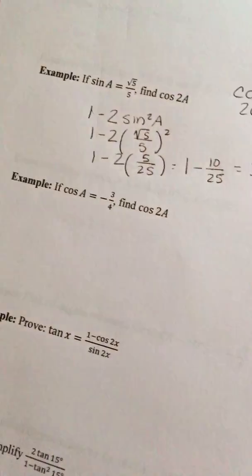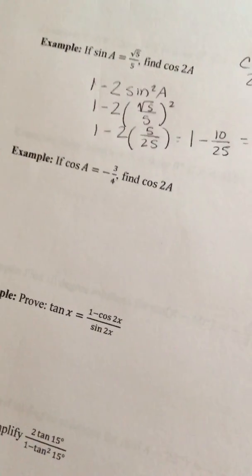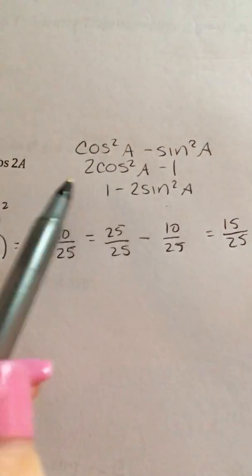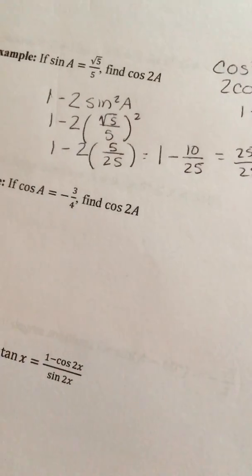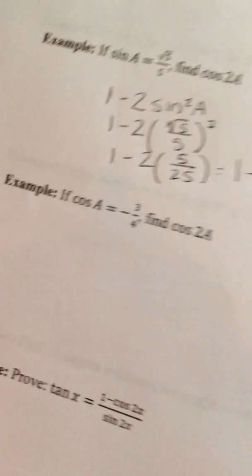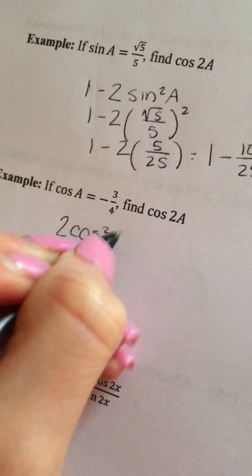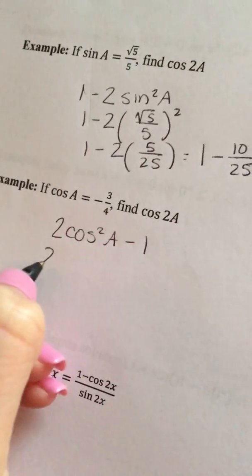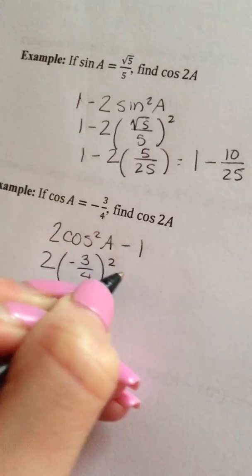All right, similarly for the next example: if cosine of A is equal to negative 3/4, find cosine of 2A. You only have the cosine, so I'm going to use my second cosine formula. I don't need to find sine, so don't do it. It's just going to be more work. The formula looks like 2 cosine squared of A minus 1, so 2 times negative 3/4 squared minus 1.